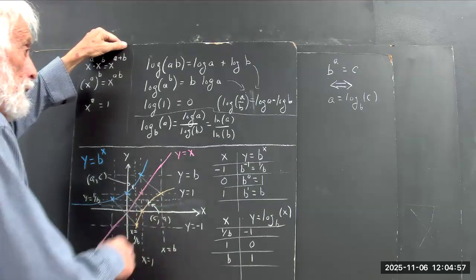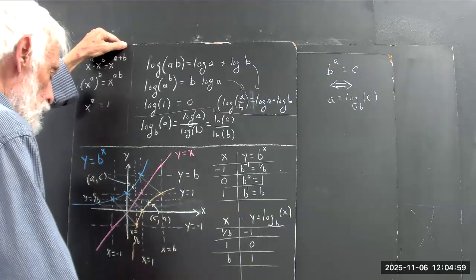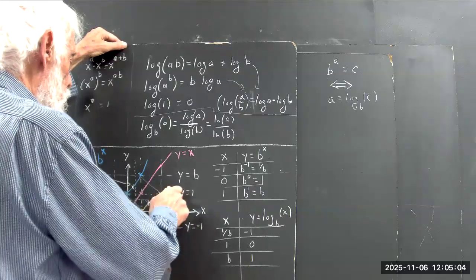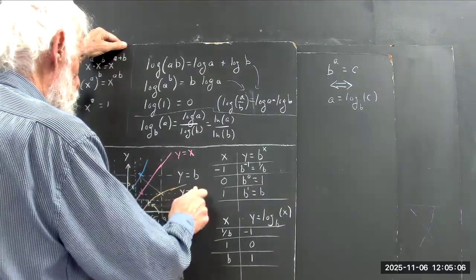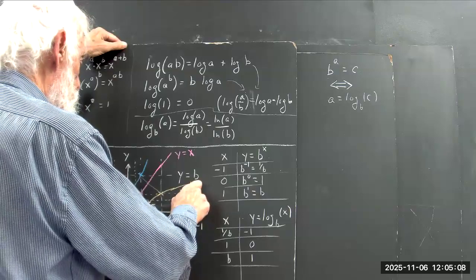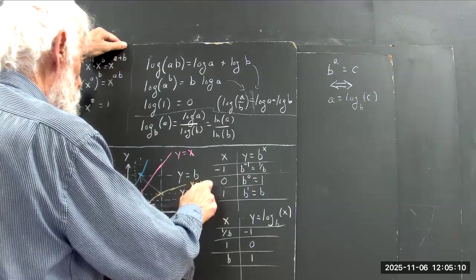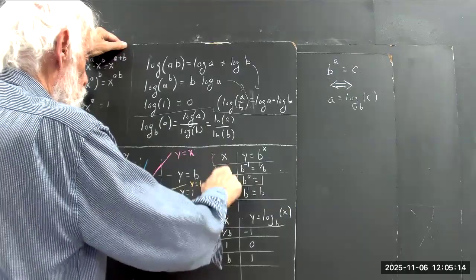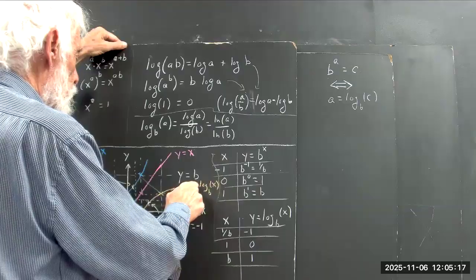And what does (C, A) mean? It means our log base b function, and I should have labeled this before. This curve here gives us y = log base b of x.